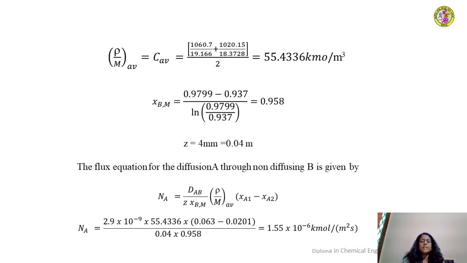In the denominator, it is Z into XBM, where Z is 0.04 and XBM is 0.958. After you do the calculations, the NA value you get is 1.55 into 10 raised to minus 6 kilomoles per meter square second. So this is the answer for the given problem.